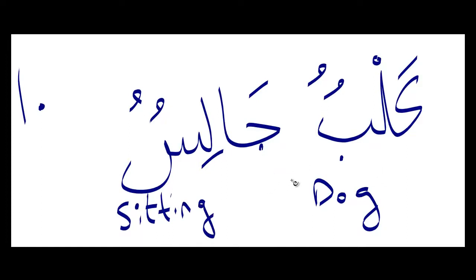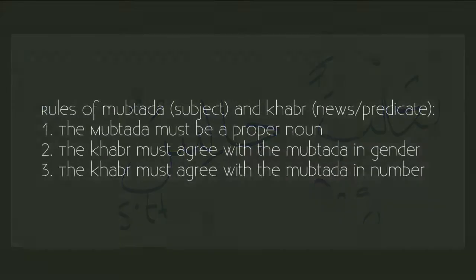Now the issue with this phrase is that it's not a complete sentence. Why? Because the Mubtada, the first word in the sentence, is not a proper noun. And so what you have to do is, just like we did in the beginning, okay, we add the alif lam. And once we add the alif lam, kalbun becomes al-kalbu, and we remove one of these dhammas. Okay? And so the meaning of this sentence becomes the dog is sitting instead of just a sitting dog.